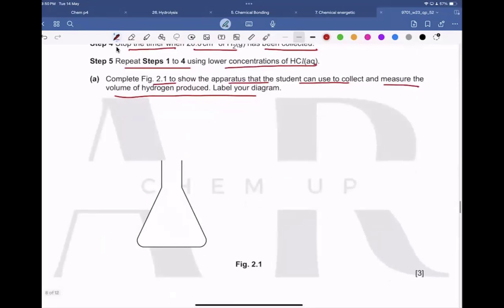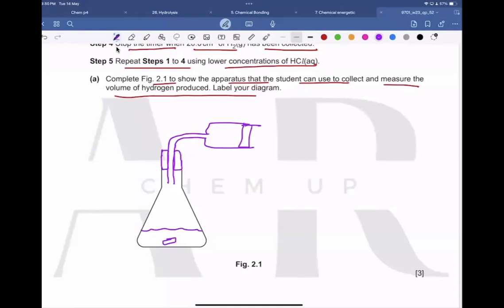Over here, there must be an acid, and there must be a foil of zinc. Here I put a bung and then a tube, and that tube is going to be connected to a gas syringe.